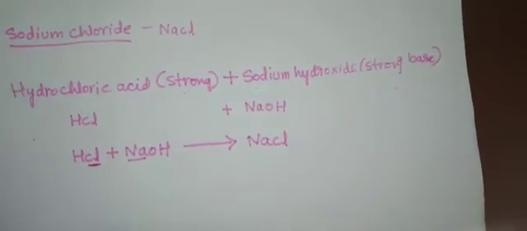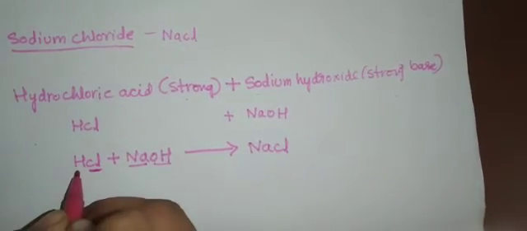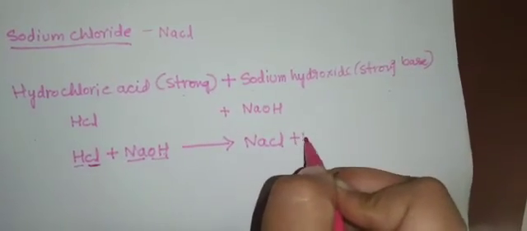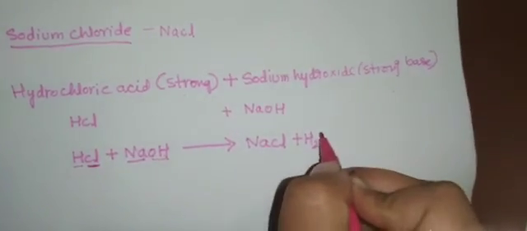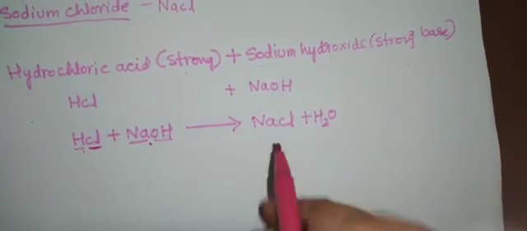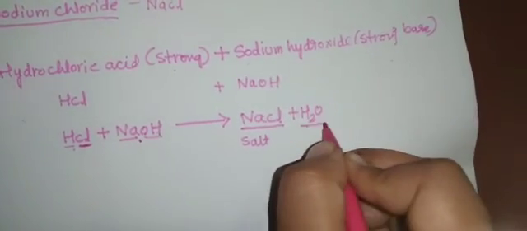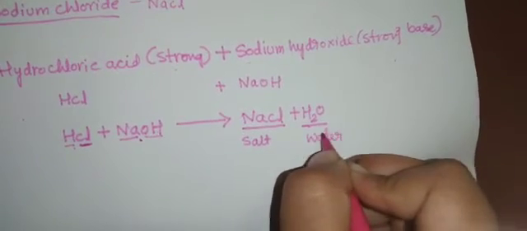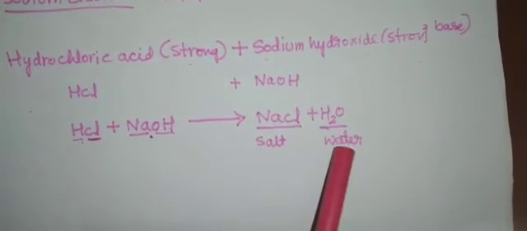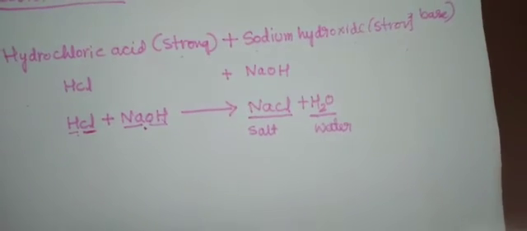We got this sodium chloride, NaCl, and here OH and 1 H, so H2O, water. So when acid reacts with a base, we get a salt, our normal NaCl, which is nothing but our table salt, and we get water. The reaction is represented here.